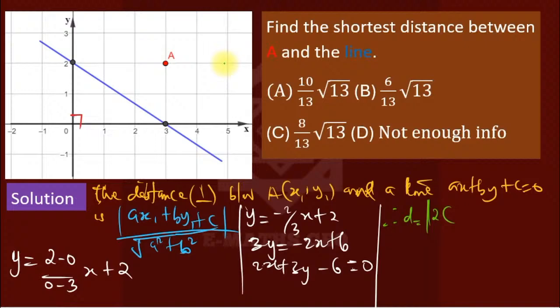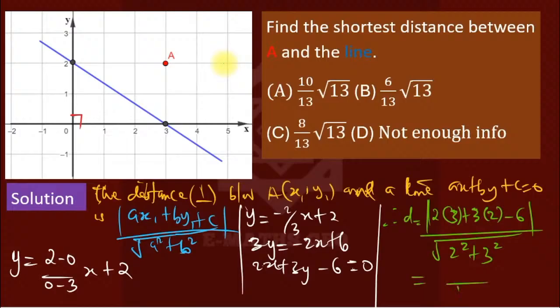So 2 times 3 plus 3 times 2 minus 6, all in absolute value, over the square root of 2 squared plus 3 squared. And 2 squared plus 3 squared is 13, so square root of 13. Here 2 times 3 is 6, and 6 plus 6 minus 6 leaves us with 6. So that's the answer.